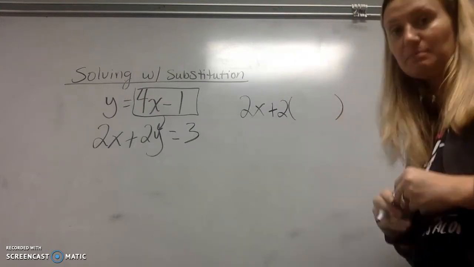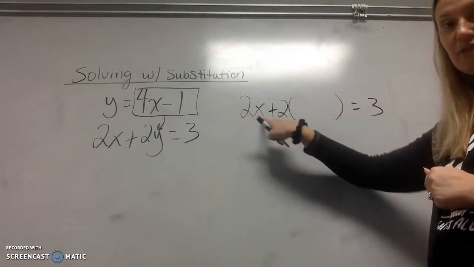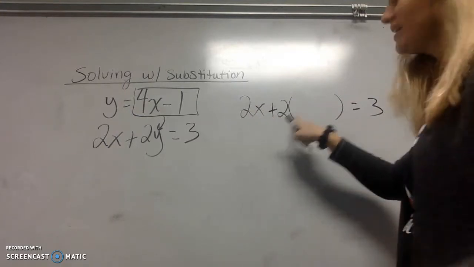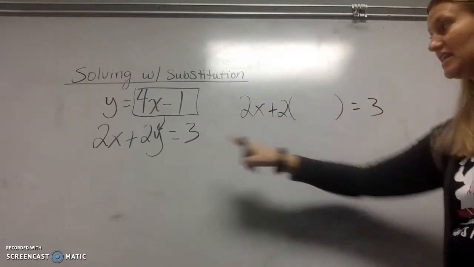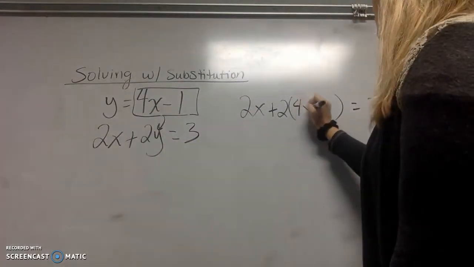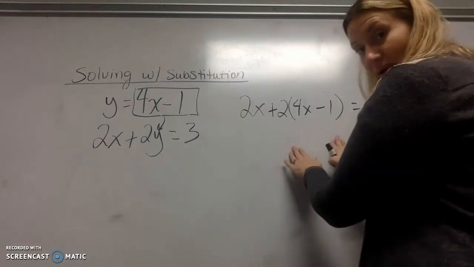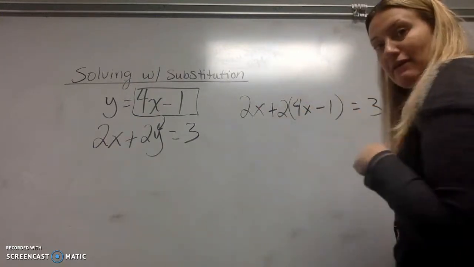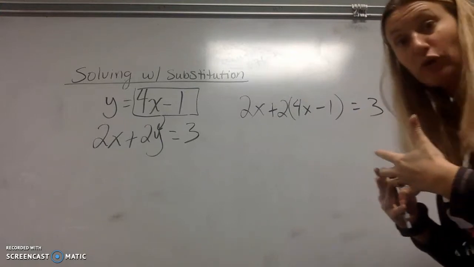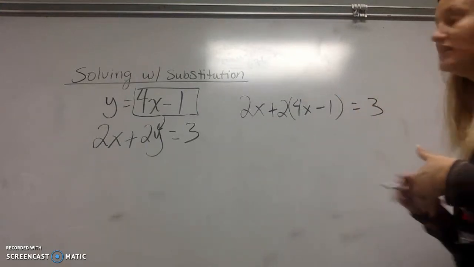I'm going to leave a blank big enough to put an entire expression in. Everything else is the same: the 2x, the plus, the 2 times, and then the equals 3. Those are all the same. Now what am I going to plug in for y? This expression, 4x minus 1. And by leaving a blank there with parentheses, I've already set myself up for a distributive property and didn't have to worry about that. The parentheses just make sure that I do that multiplication.